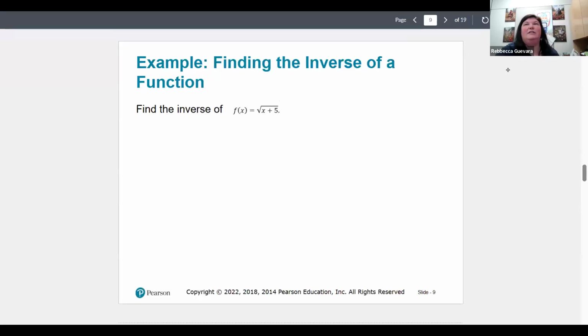Okay, and then a little side note, go back to this one. We said that our inverse function was going to be x squared minus 5. Because that's an inverse function, we also have to make a domain restriction, because we want this to reverse back to this.